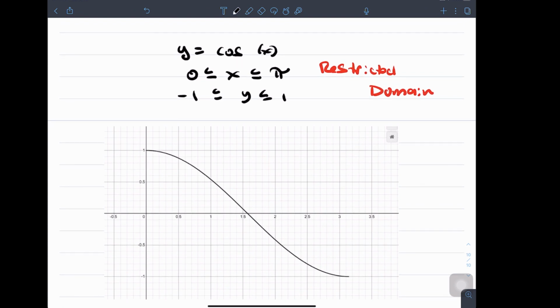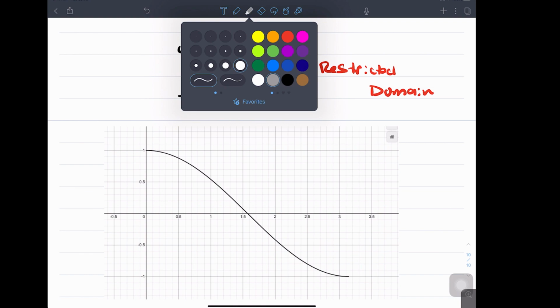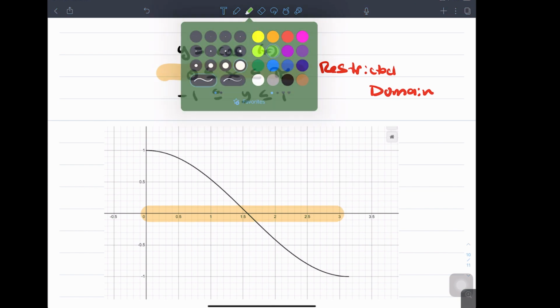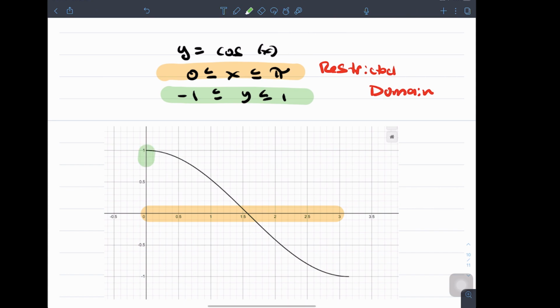Restricted domain, right in here. Notice your range still is between -1 and +1. All right, you guys okay with that? So it's one-to-one. We can invert it.